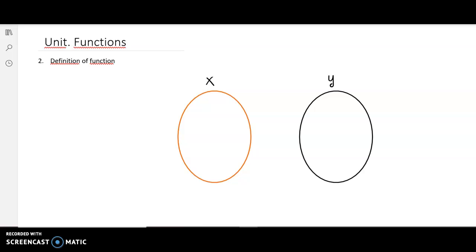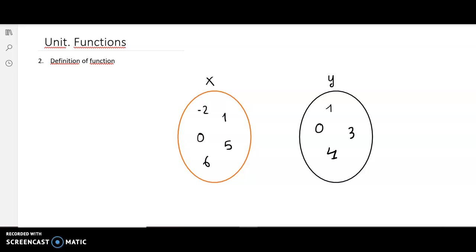In the first set, we find different numbers: -2, 1, 0, 5, 6, random numbers, okay, because this is an example. In the second set of numbers, we're going to find also numbers: 1, 0, 3, 4.